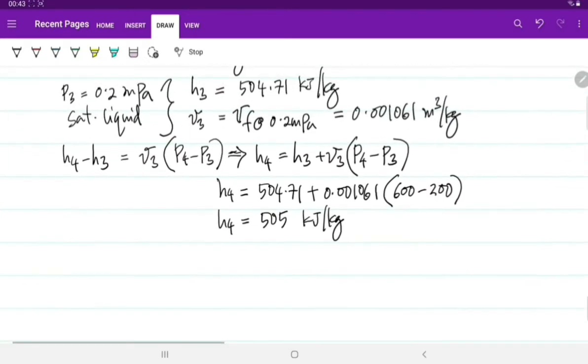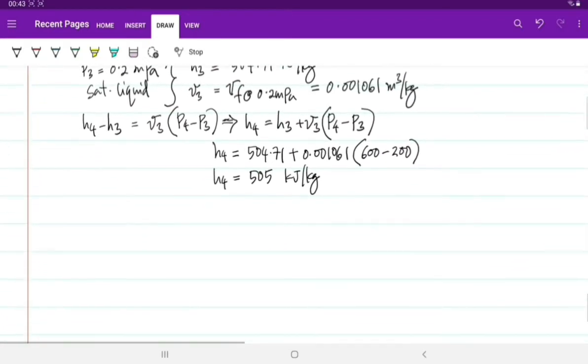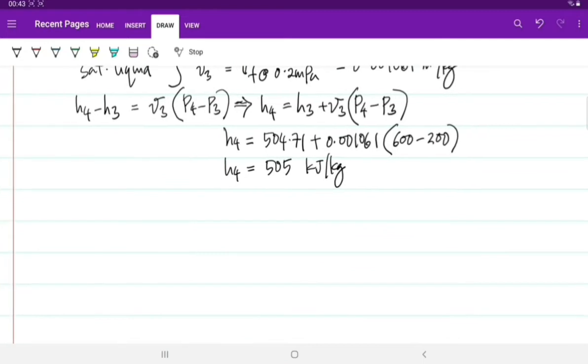Then we jump to point number 5, where we know the pressure. P5 is 0.6 megapascal. Right. Now we know that it is in the saturated liquid.